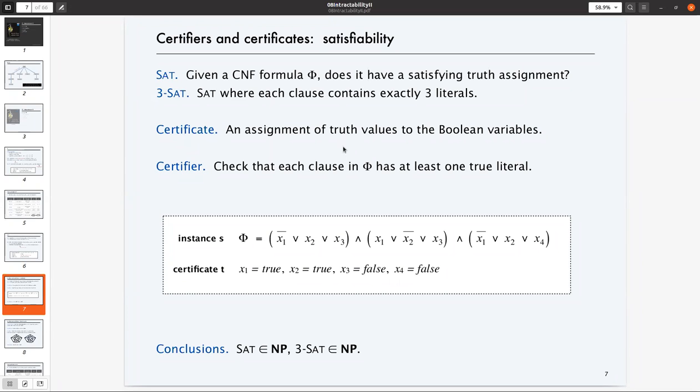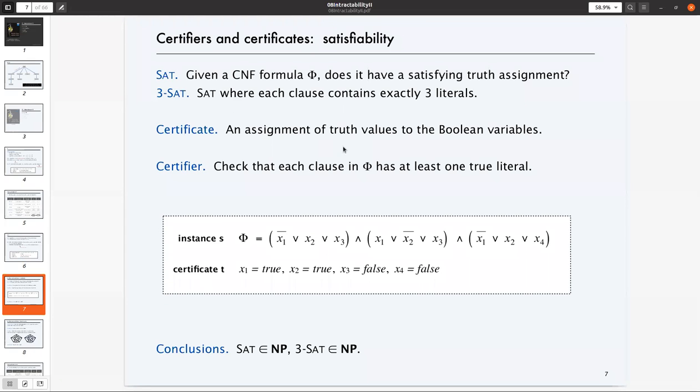Suppose you have that boolean problem, and I am saying that the certificate is an assignment of truth values. If I am not giving you the truth values, and instead I give you the whole truth table, then in that truth table there is of course an assignment of truth values for your function, right?